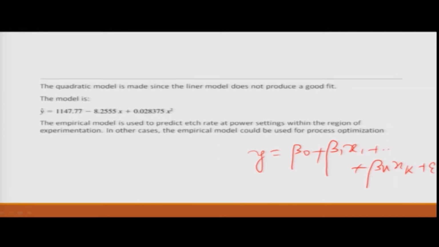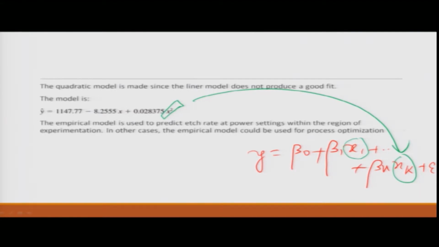These x's which I am using, I am considering not linear but quadratic, so something here can be a square. In this example, the quadratic model is the best fit.